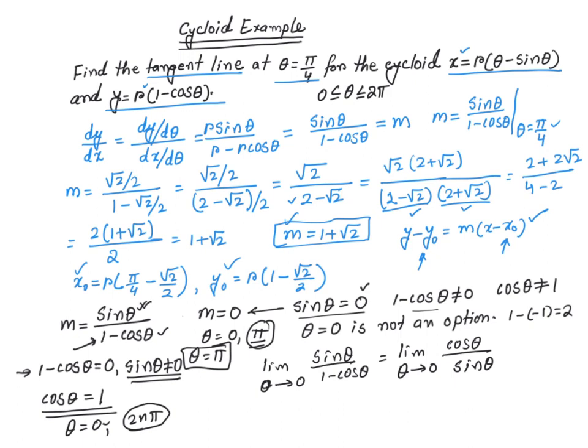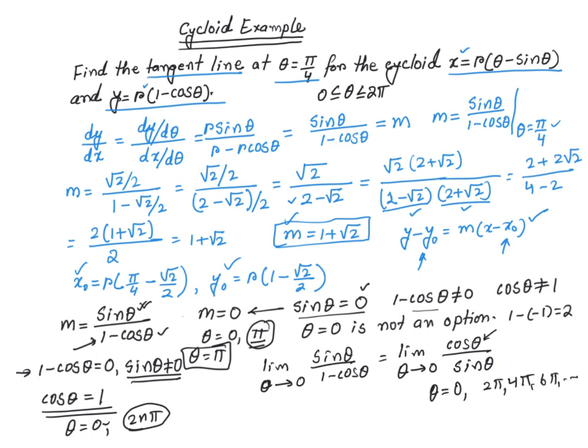Now, as theta approaches 0, cosine of theta approaches 1, but sine of theta approaches 0. So we have a situation where the slope is going to be infinity. Okay. So from this, we could conclude that the vertical slopes are going to be at theta is equal to 0. And you could extend it to the other angles, 2 pi, 4 pi, 6 pi, etc.